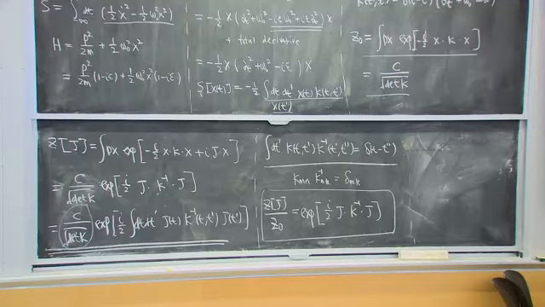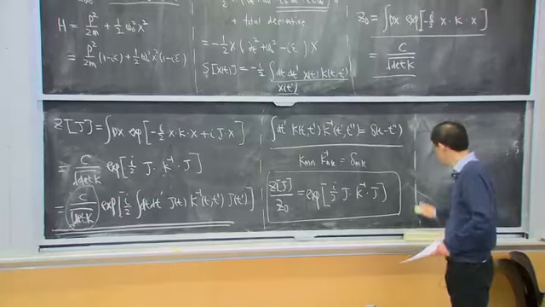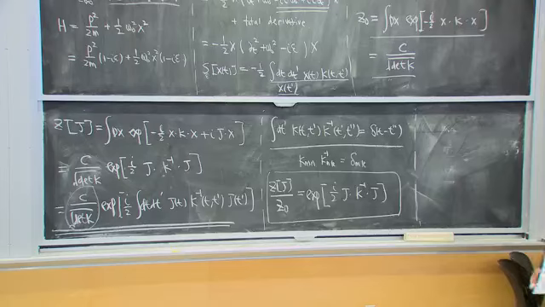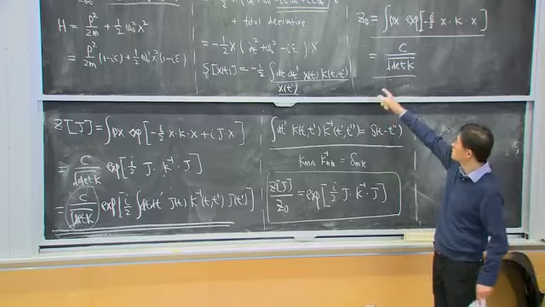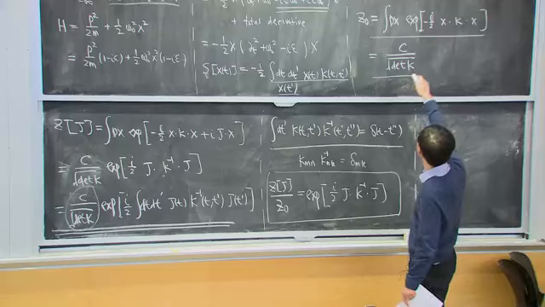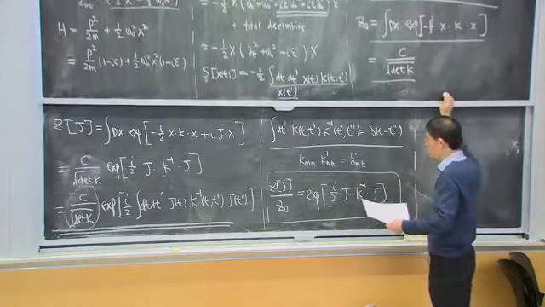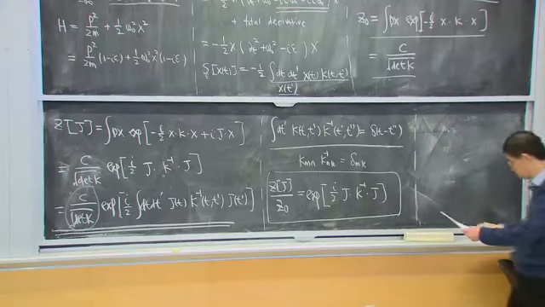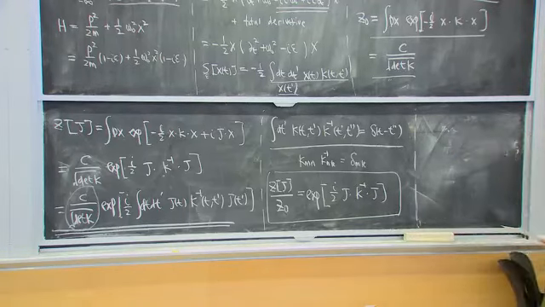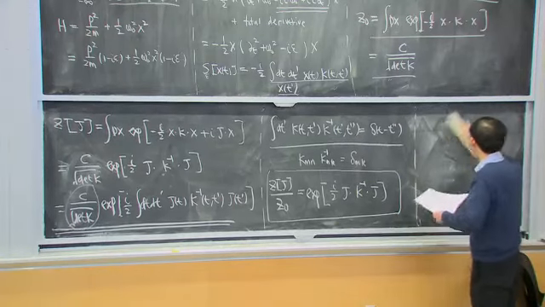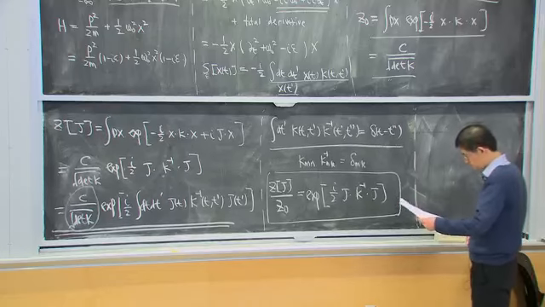Okay, so now this is our final result for the harmonic oscillator, except we still have to invert this K. But before we do that, we can see whether there's any physical interpretation for K inverse.